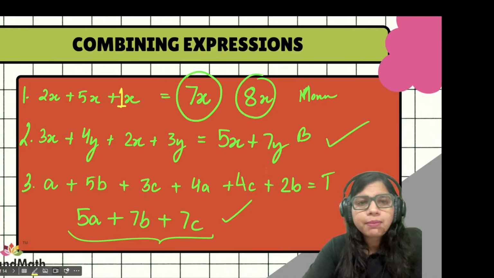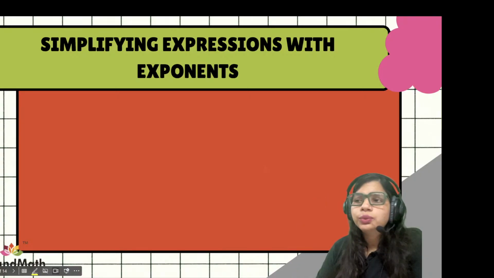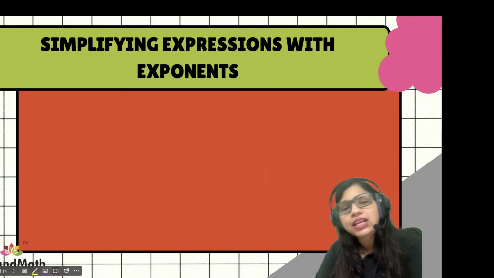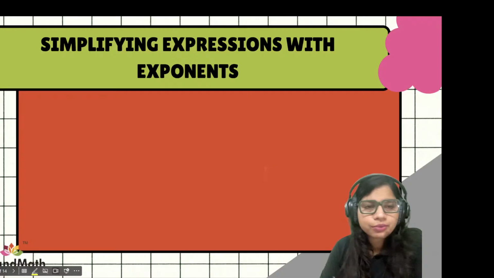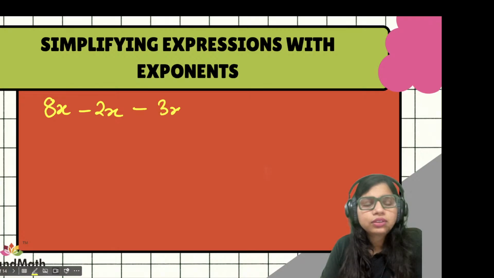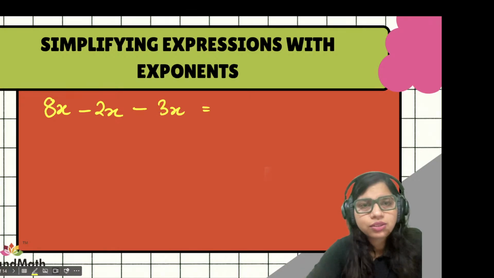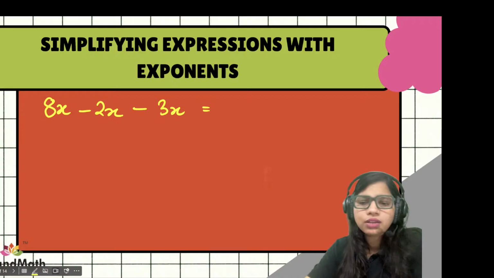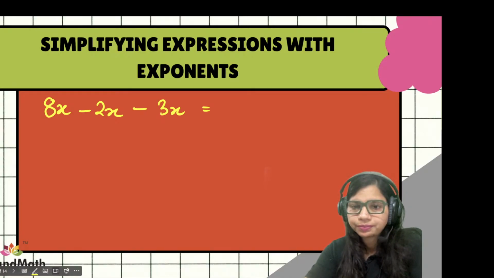Now we're going to be talking about expressions with a negative sign as well. That means subtracting expressions. So if I say 8x minus 2x minus 3x, what would the answer be? Just quickly tell me here only. You do not have to do it in your notebook.